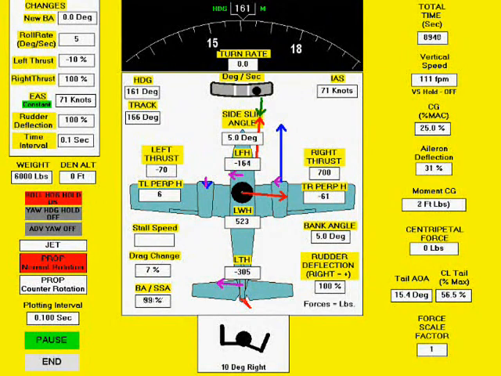71 knots is the VMC value at 5 degrees bank angle.